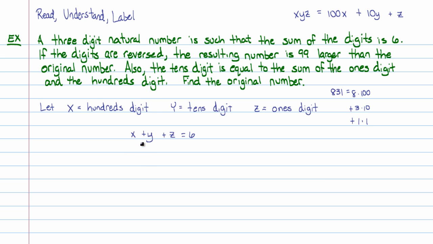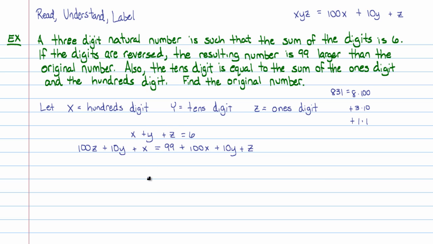So let's reverse the digits: Z, Y, X. That's 100Z plus 10Y plus X, which is 99 more than the original number, 100X plus 10Y plus Z. There's another equation right there.